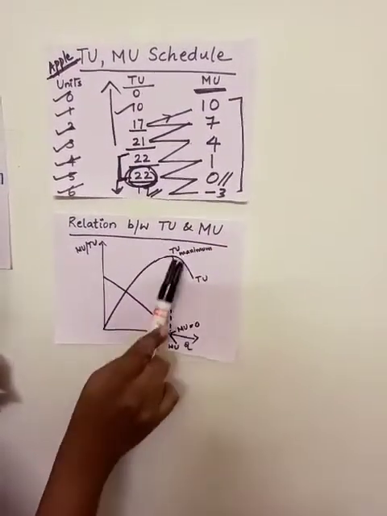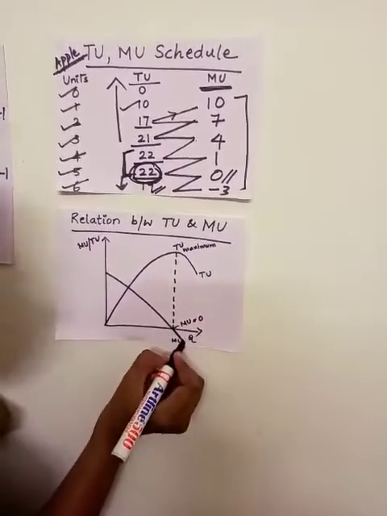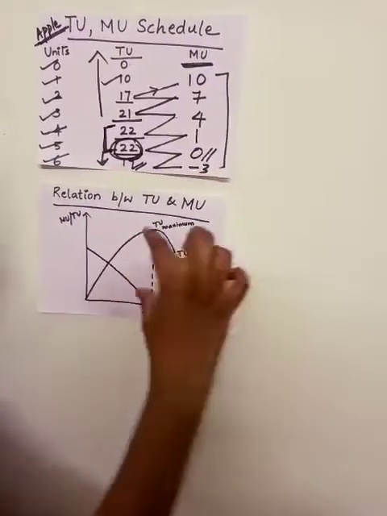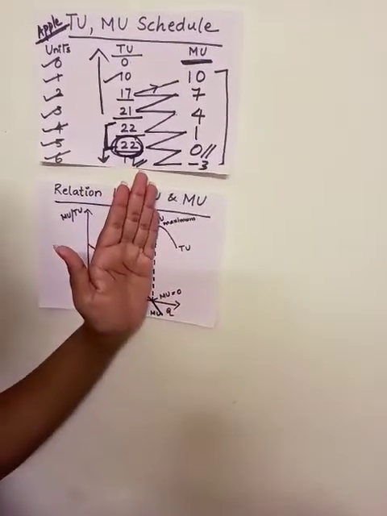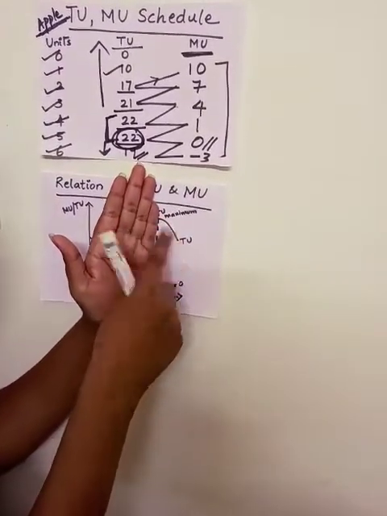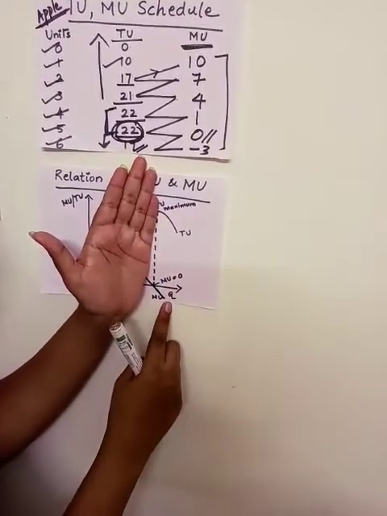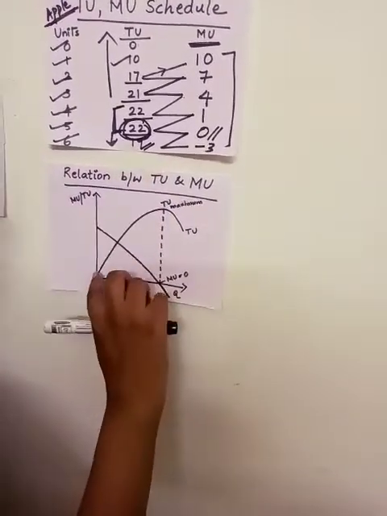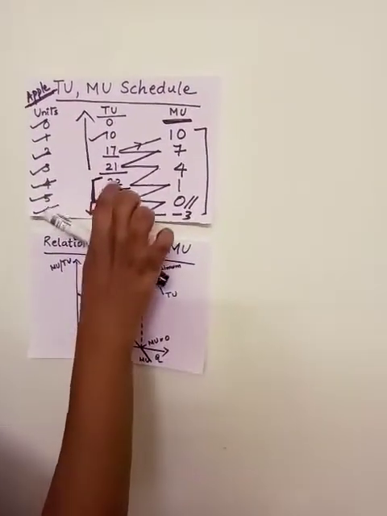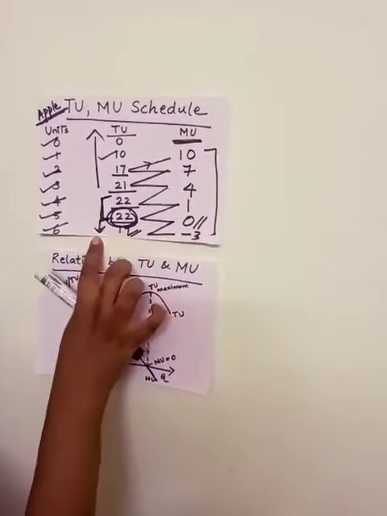This part is coming beyond the axis, that you have to look. Clear? TU initially increases at an increasing rate, finally reaches maximum, then starts decreasing.